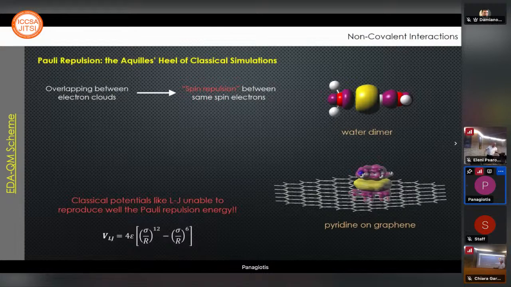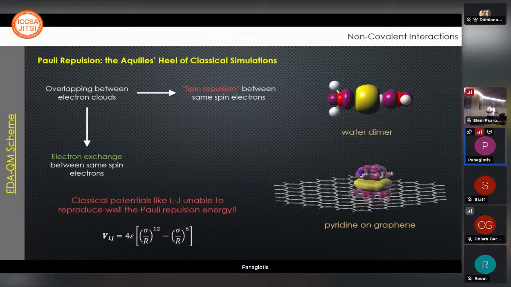So what happens? We force the fragments to overlap the electrons in the spin. So there is a deflection of electron density in the overlapping region to avoid this overlap. Okay. So this is a repulsive term because the energy cost is positive. Well, but the Pauli exclusion principle also entails the electron exchange between electrons of the same spin.